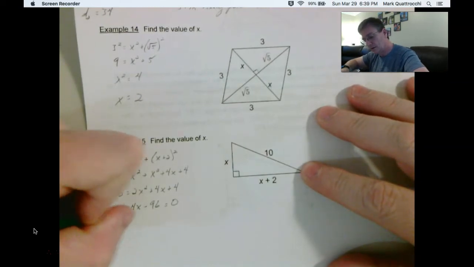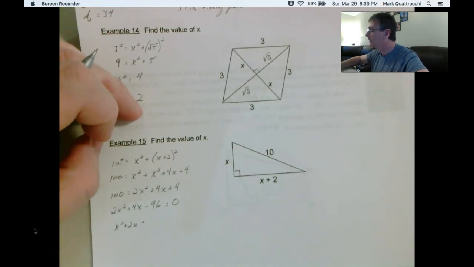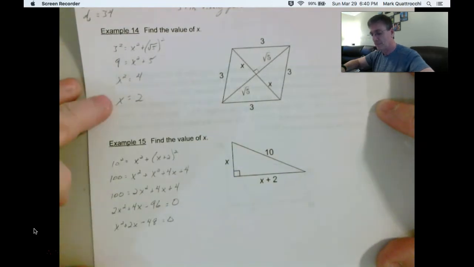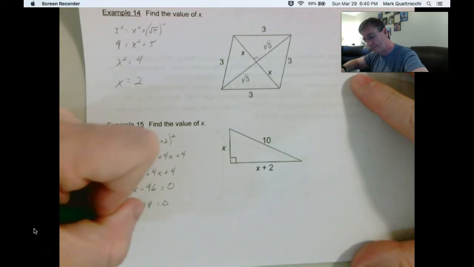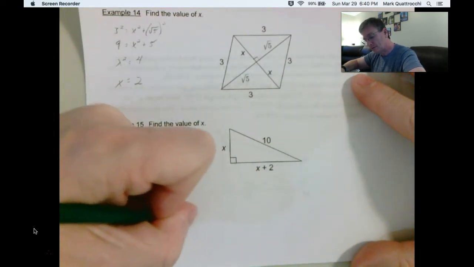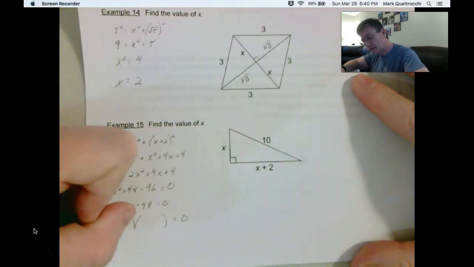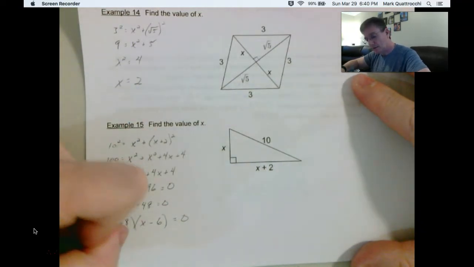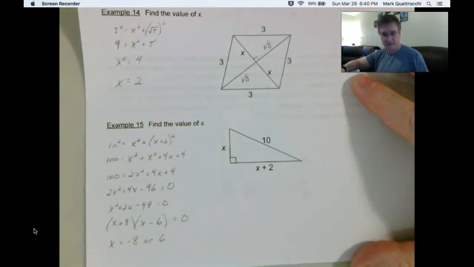x squared plus 2x minus 48 equals 0. And then we have to factor. Factors of 48 that can combine to give you a positive 2: x plus 8, x minus 6, x equals negative 8 or positive 6.